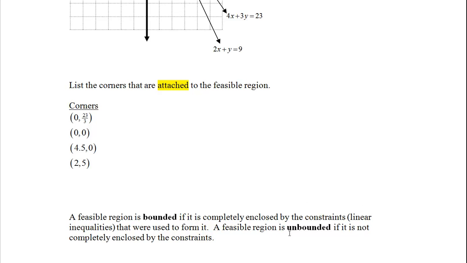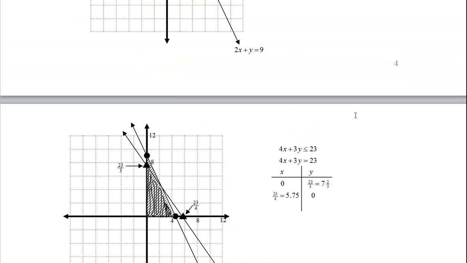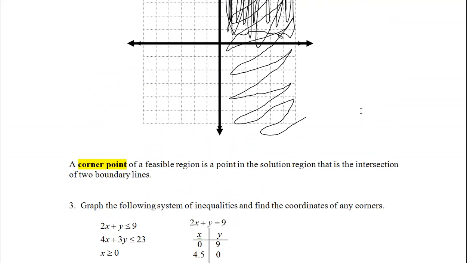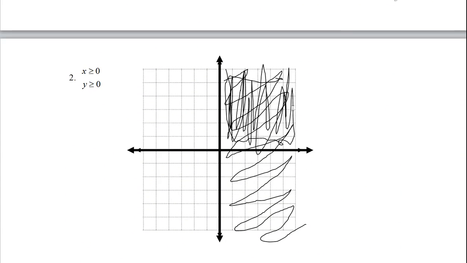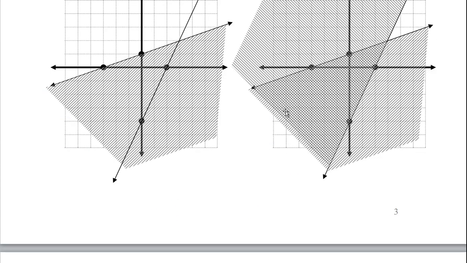A feasible region is unbounded if it is not completely enclosed by the constraints. So the last two problems, this one right here, it is completely enclosed, so this is bounded. We had one a little bit earlier. This one is unbounded, and this one is unbounded. If you'll notice, this part right here, the shading will go to infinity, so it is not bounded.